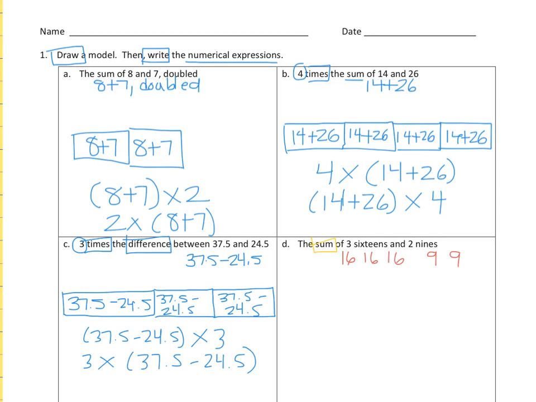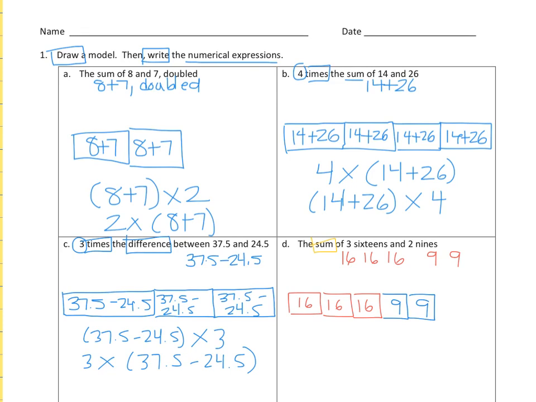So what we're going to do is this model is going to be, we're going to show that we have 3/16. So here's 3/16, and then we're going to add the 2 nines to it, and all that means is making 2 more boxes, but changing those boxes to be nines. So that's our model for the sum of 3/16 and 2 nines.